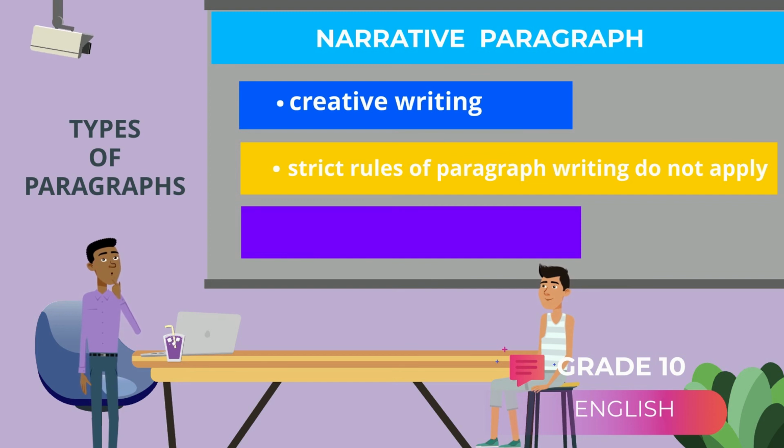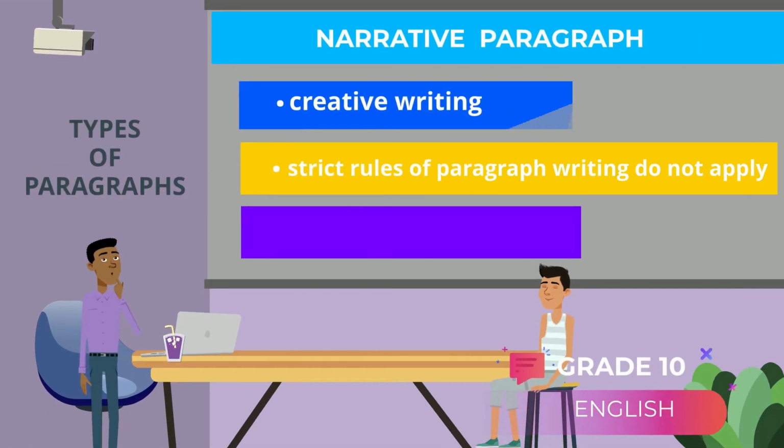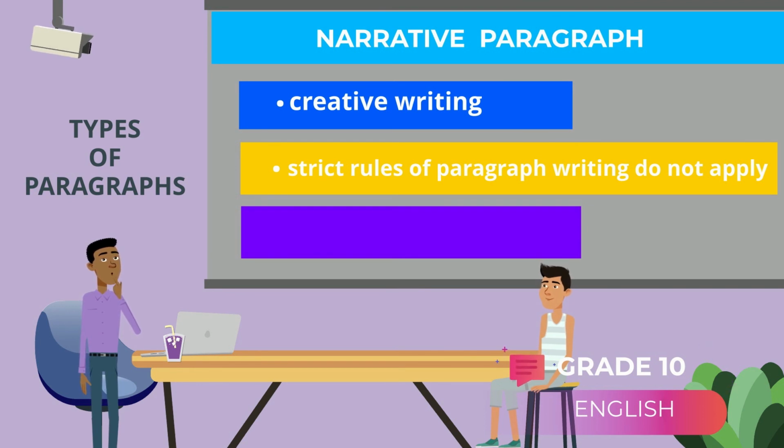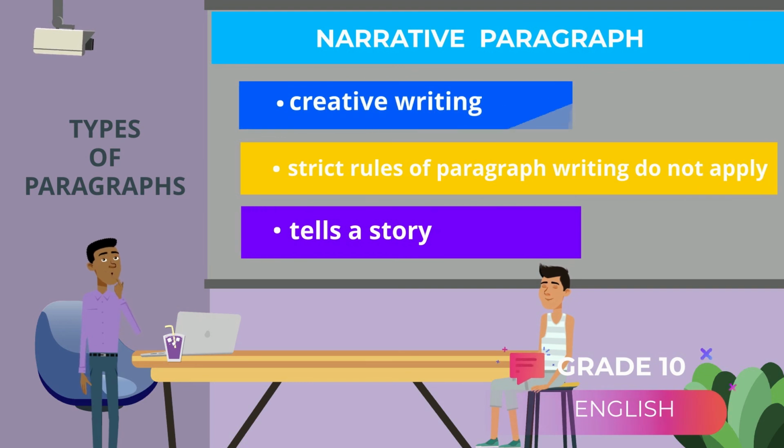The pattern of topic sentence, supporting sentences, and closing sentence is not very relevant. A narrative paragraph tells a story. It uses specific details. It is not a mere listing of events.